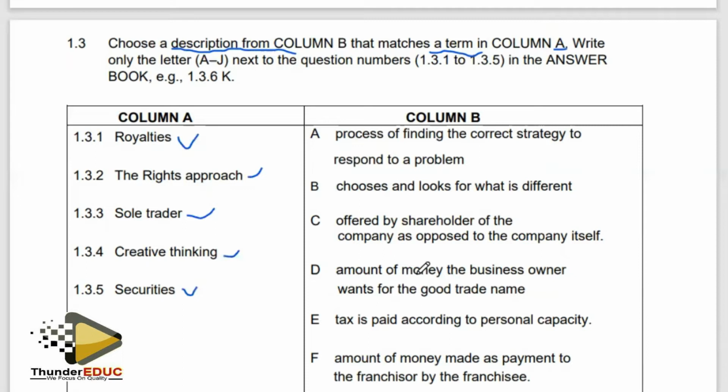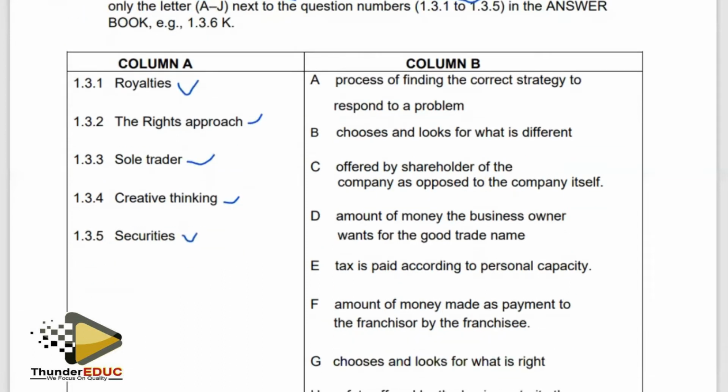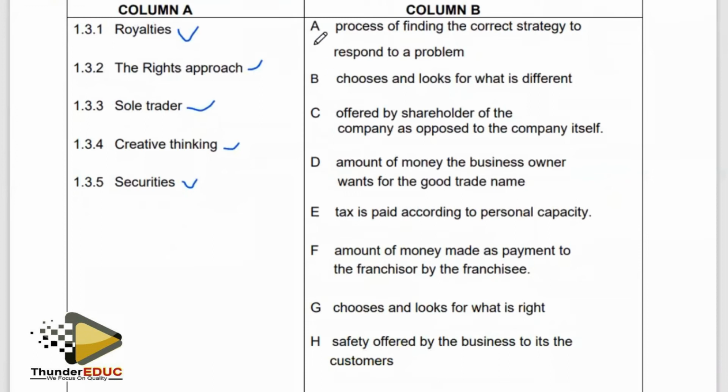Having looked at section A, column A, then go to column B and start reading each statement, each description one by one, so that you can find out whether it has any of the terms it affects, or any of the terms it corresponds with, or tries to describe.